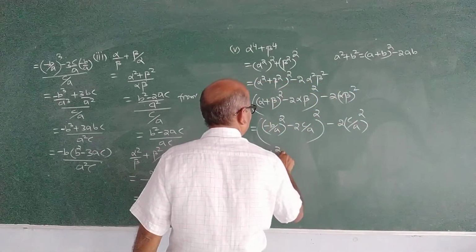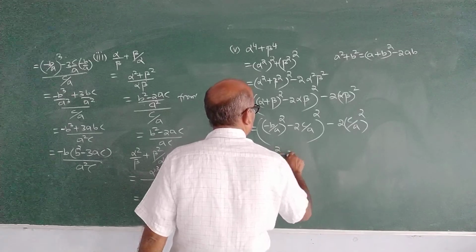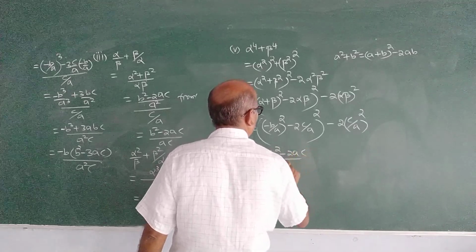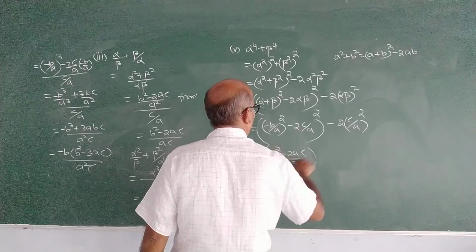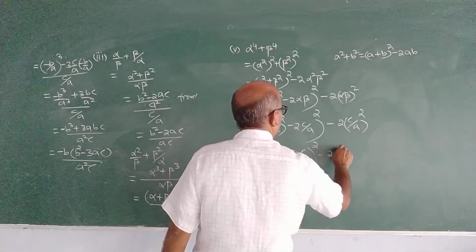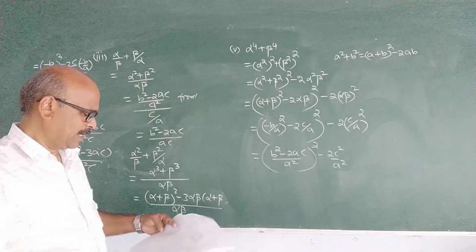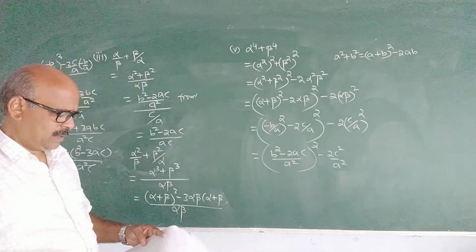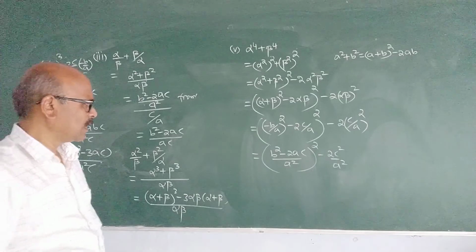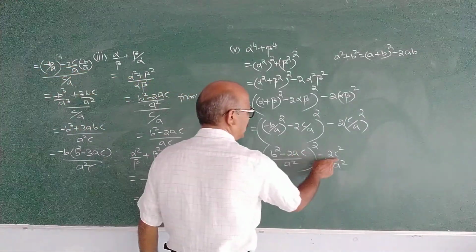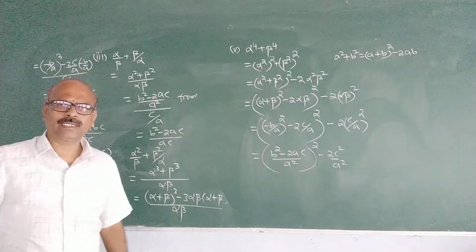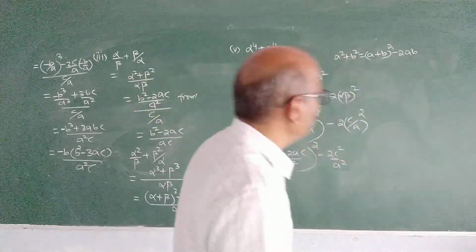It is b square minus 2ac upon a square, whole square, minus 2c square by a square. Further you can simplify this. How do you simplify? You have to expand this. This term may get cancelled. Next thing is only simplification and you can do that yourself.